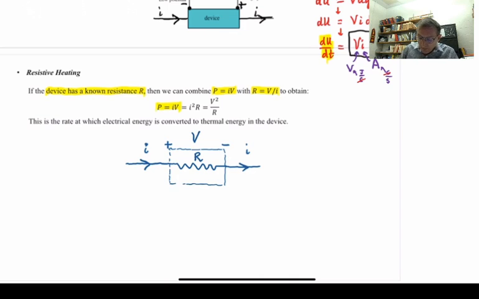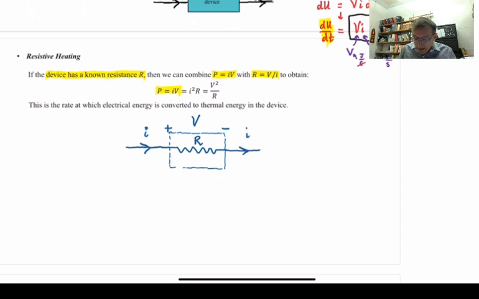But I can take the definition of resistance, R equals V over I, and solve it for V. V equals I times R, and substitute that for the V, and I get another expression for power that can be useful: I squared times R. Take the current going through the resistor, square it, and multiply it by the resistance in ohms. Useful if I know I and R.